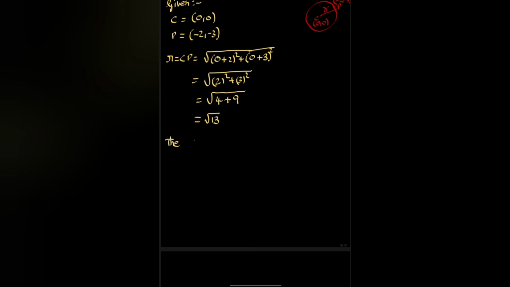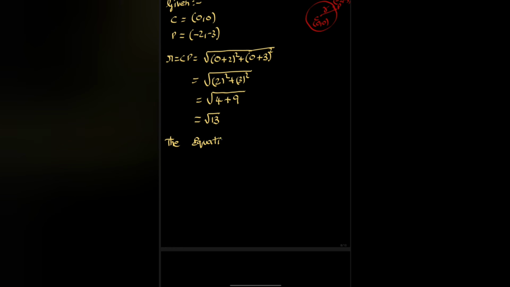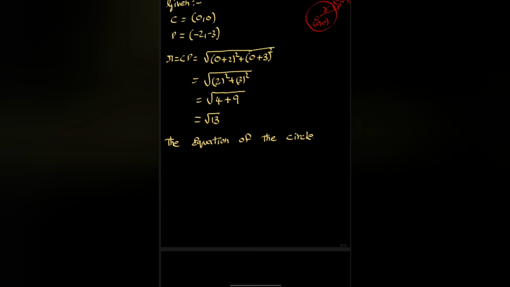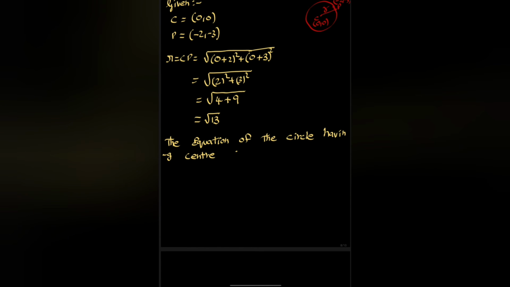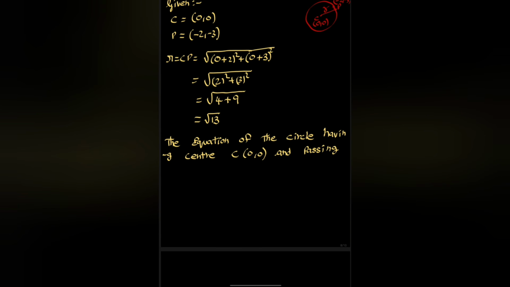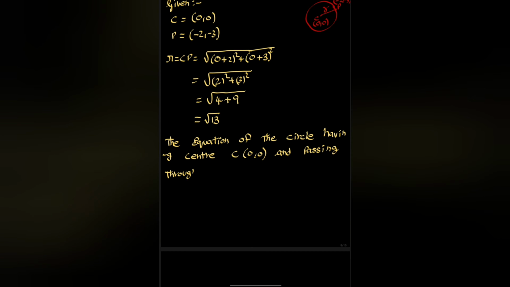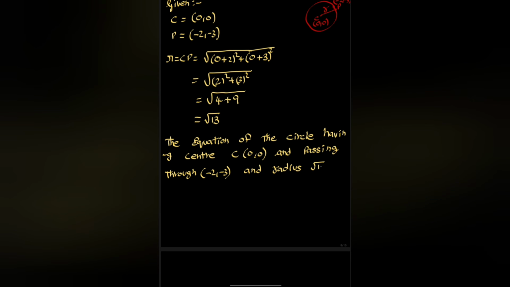the equation of the circle having center C 0, 0 and passing through -2, -3 and radius root 13 units.